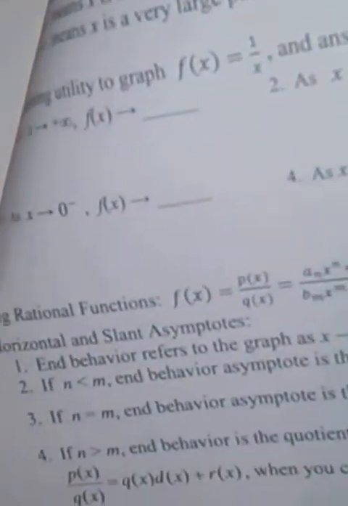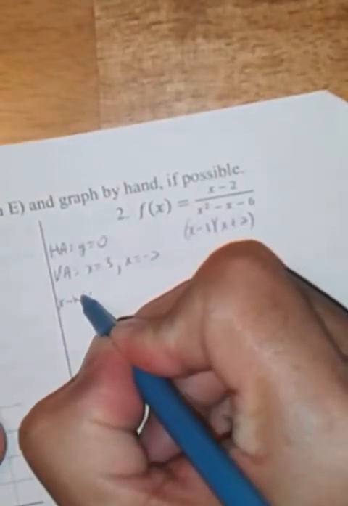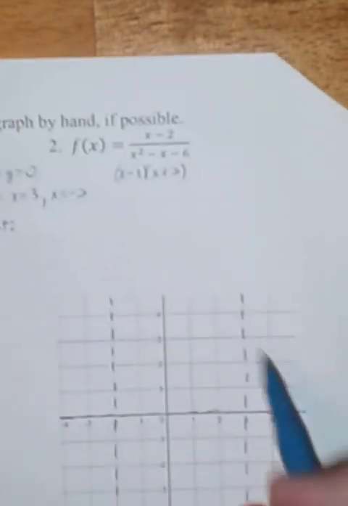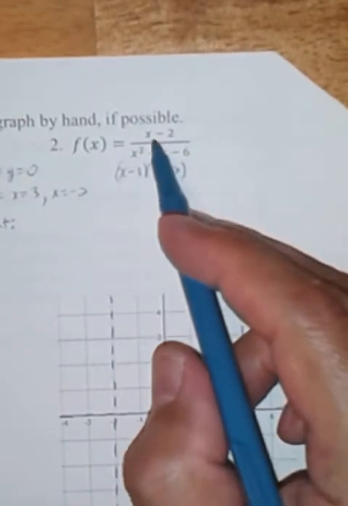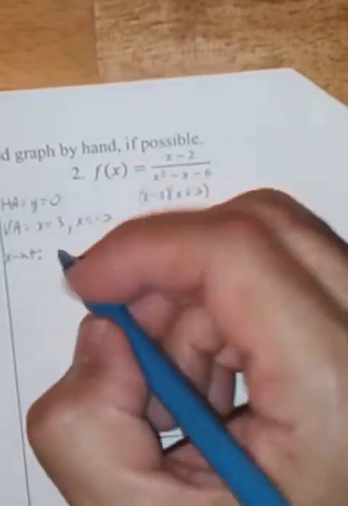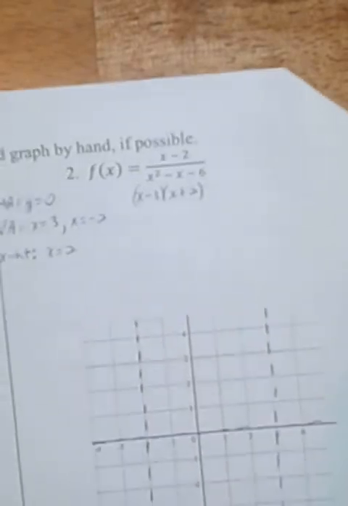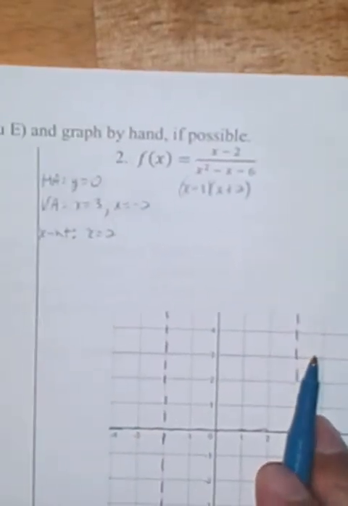Okay, we want to find x-intercepts and y-intercepts. So the x-intercept is the zeros of the top, as long as they don't coincide with the bottom, and they don't. So x equals 2 should be an x-intercept. I'm sorry, that's the point (2, 0), right?